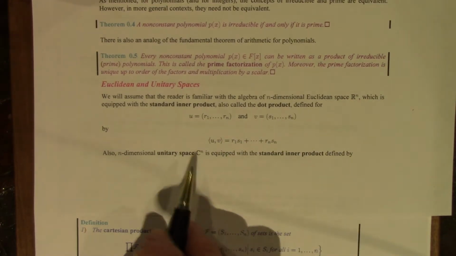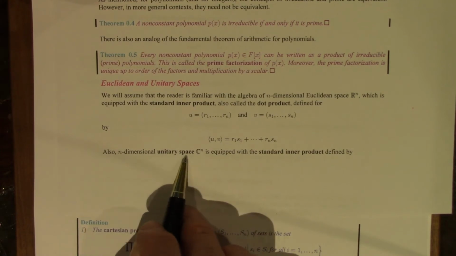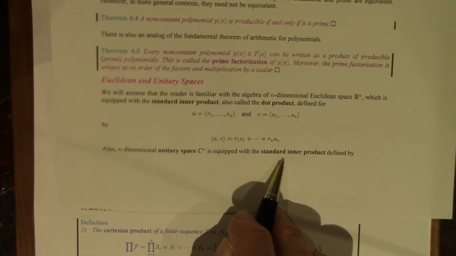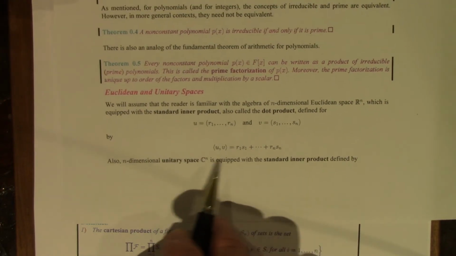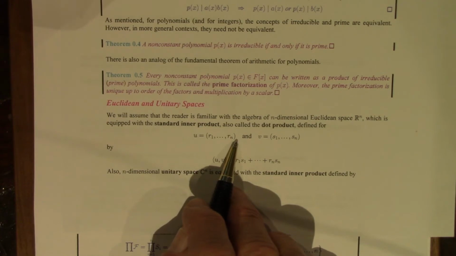The complex counterpart of Euclidean space is called unitary space, Cn. This consists of ordered n-tuples of complex numbers.